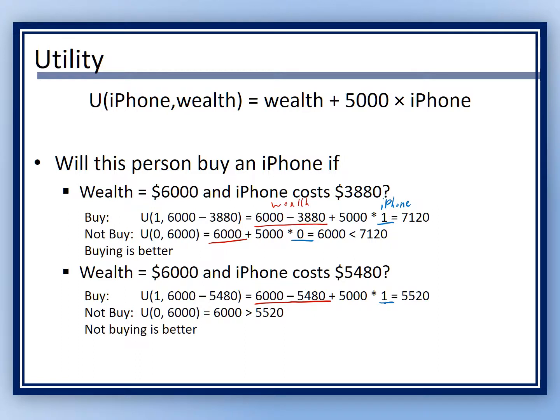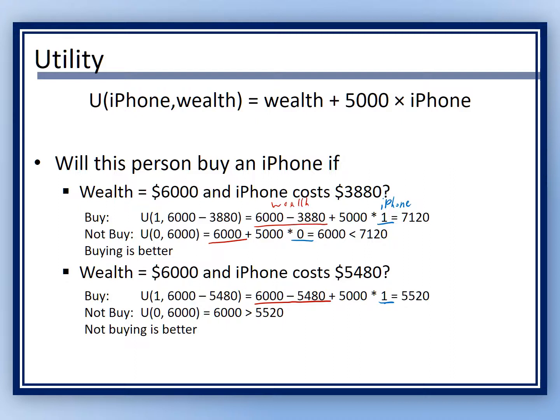Now this is the realistic part. What we're trying to do is to give you a formula that can explain why an individual would buy an iPhone when it's cheap and not buy an iPhone when it's expensive. That's the point. And with this formula, it gives you a reasonable prediction. Can we explain what's happening?